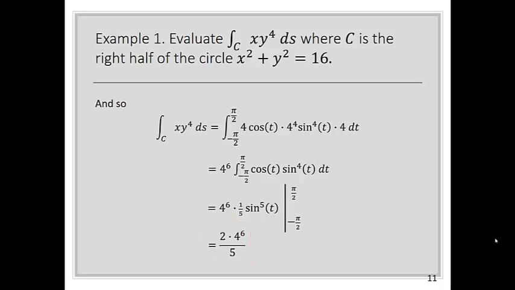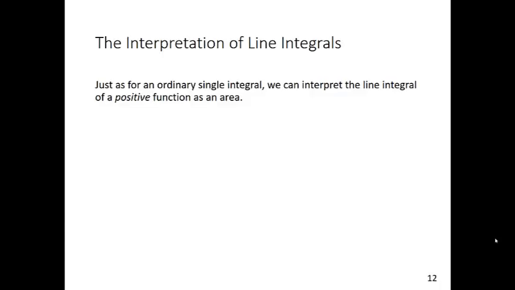Great. Before we do another example, let's talk about the interpretation of the line integral. What is this number giving us? Well, just as for an ordinary single integral, we can interpret the line integral of a positive function as an area.